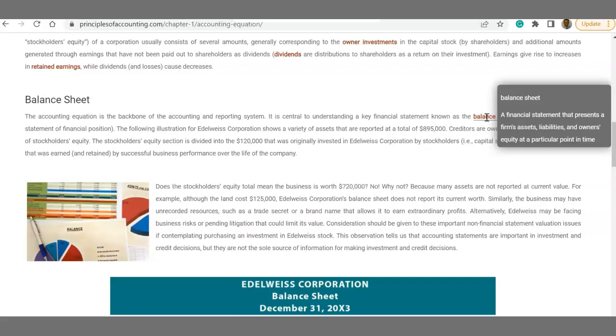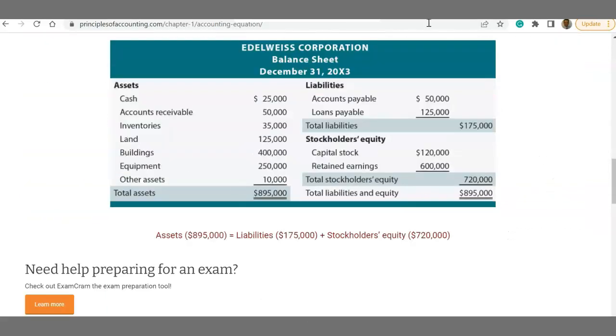So a balance sheet is a specific point in time for all those assets, liabilities, and equities. So here's an example of a balance sheet. As you see, it says December 31st, 2013, or as of December 31st, 2013. Either way is fine. So company name at the top, name of the report in the middle, and proper date.